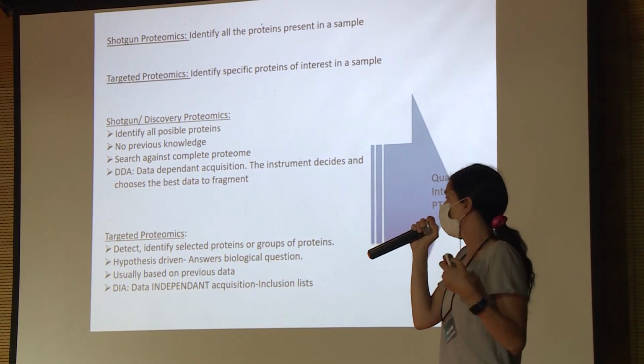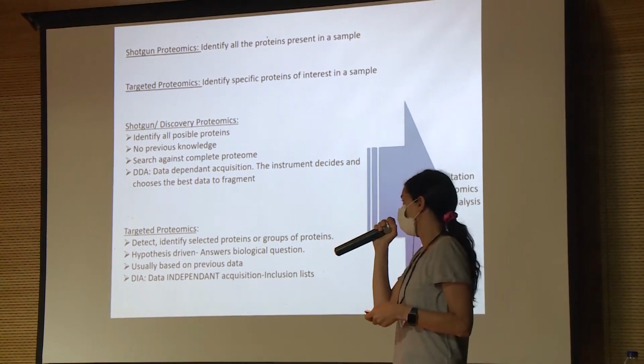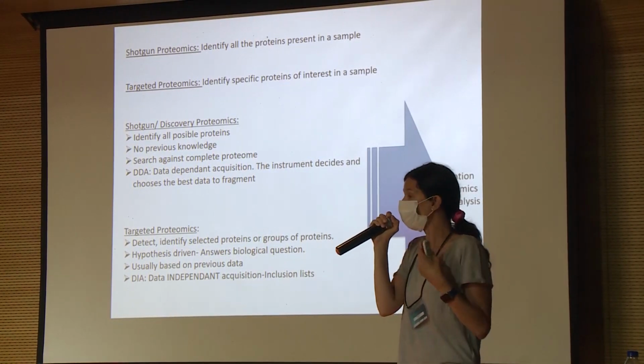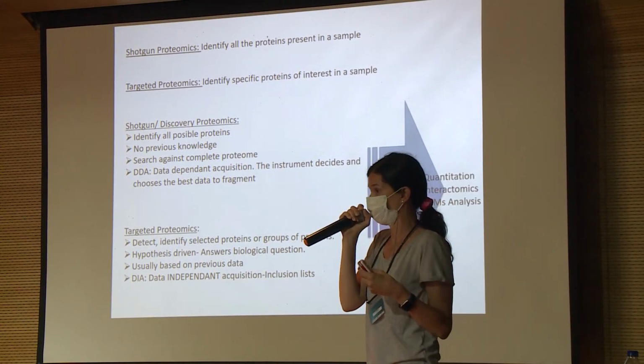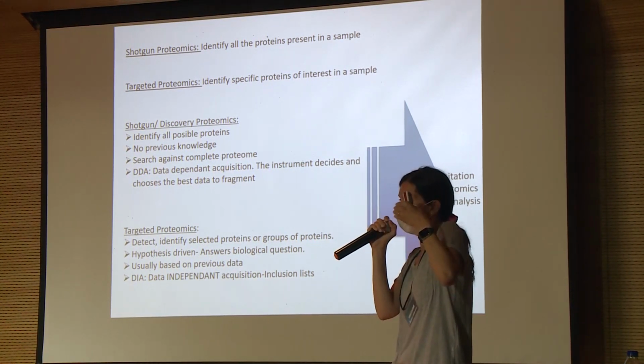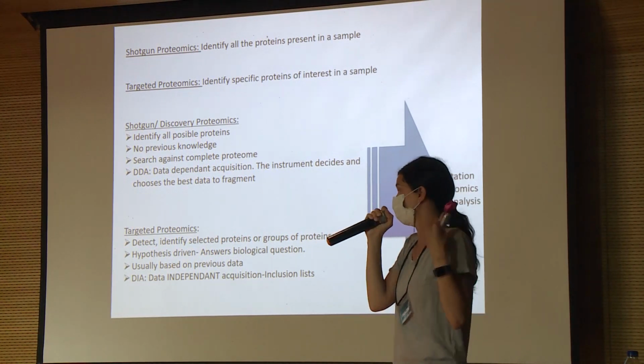On the other hand, when we're doing targeted proteomics experiments, we will try to detect, identify, and select proteins or groups of proteins of interest. So we're going for something specific. We're targeting something that we are interested in. These are hypothesis-driven experiments.